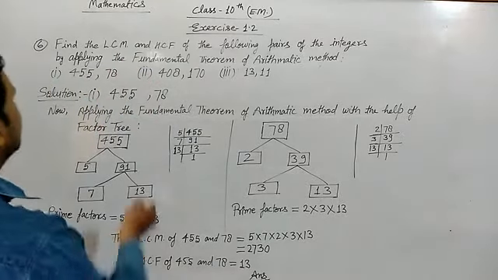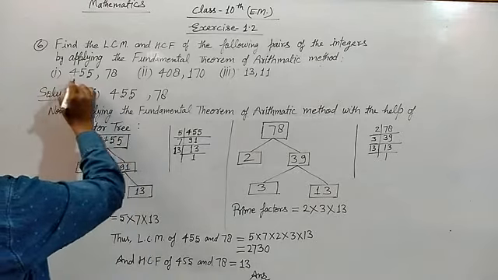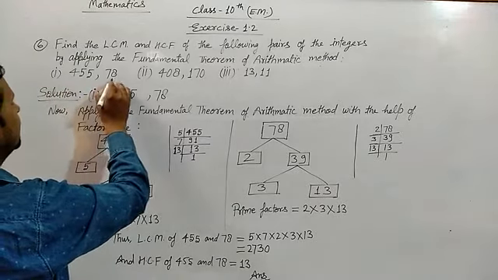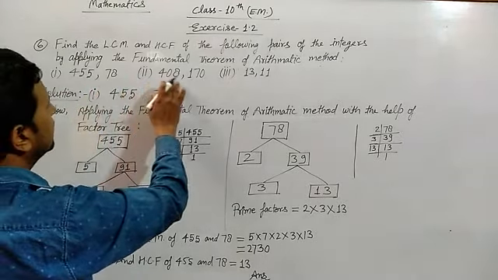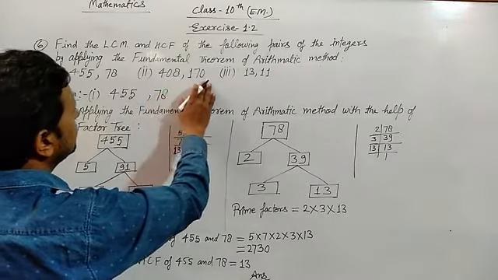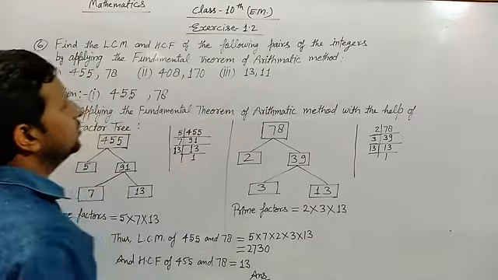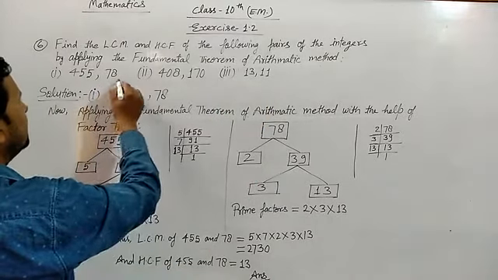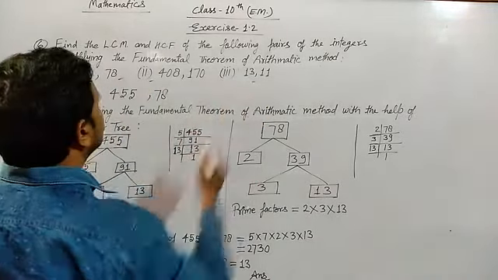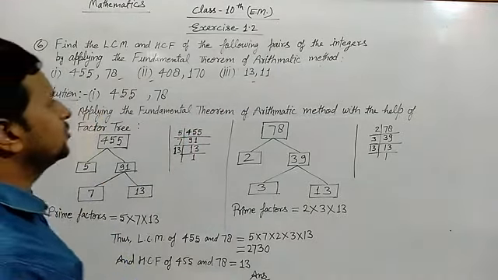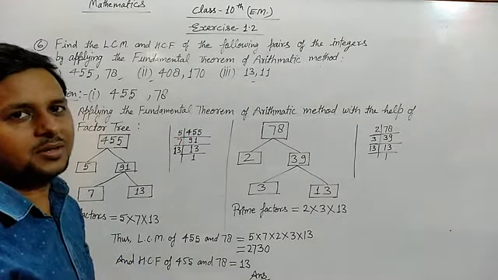Okay, three parts of the question are given here. First part is 455 and 78. In second part 408 and 170. And here third part is 13 and 11. Means in this question three parts are given. Okay, so we have to solve one by one each part.